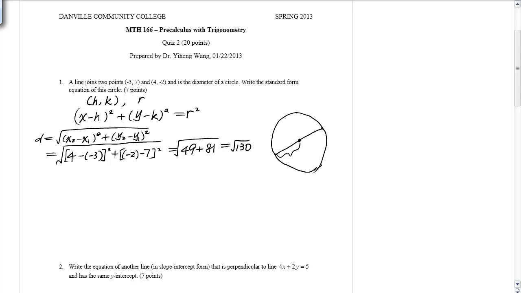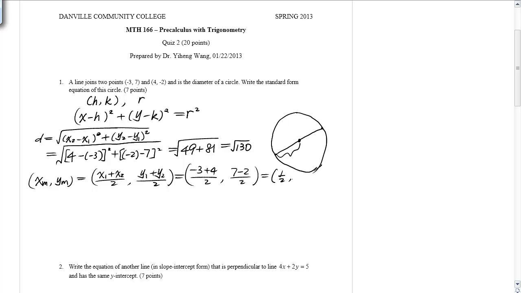Okay. And then we need to determine the midpoint of this line segment, and the midpoint is given by the midpoint formula: (xm, ym) equals ((x1 plus x2) over 2, (y1 plus y2) over 2), which is negative 3 plus 4 over 2, and then 7 plus negative 2 over 2, and that equals 1/2, and then 5/2.